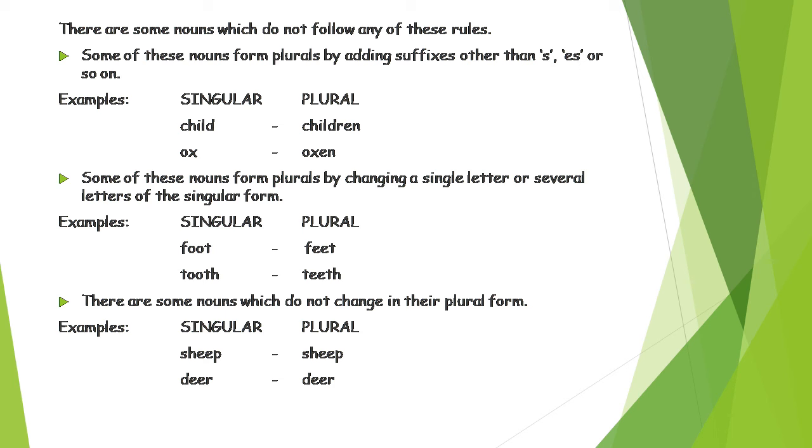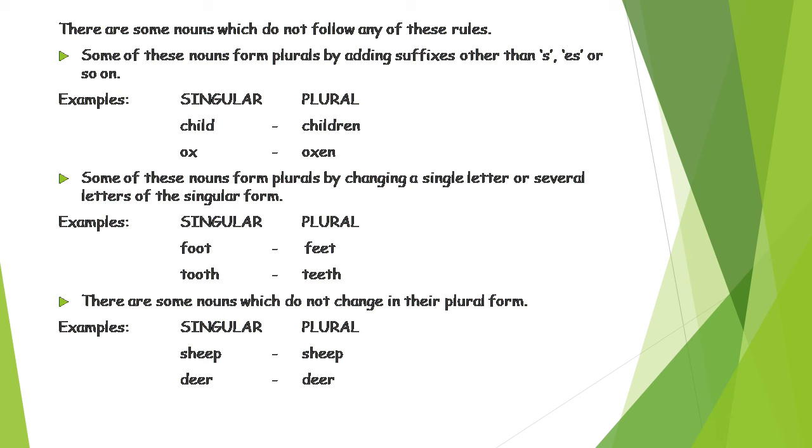For example, child changes to children by adding REN, which is a suffix at the end of the singular noun child. Another such example is ox changes to oxen. From singular, ox changes to oxen by adding the suffix EN.